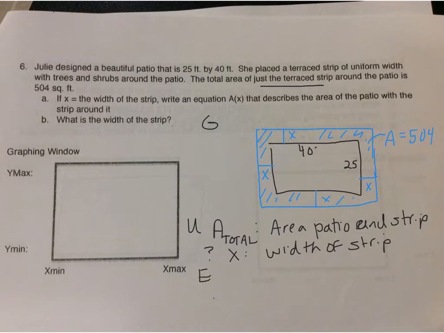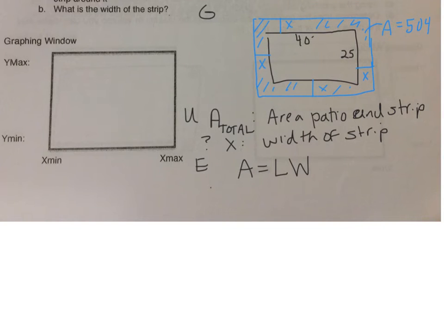The equation, the area is going to equal, well, the general equation is length times width. So let's take a look at this. If we look at the total area here, that's going to be 25 plus 2x, that outside width, because that includes the strip. And this is going to be 40 plus 2x.